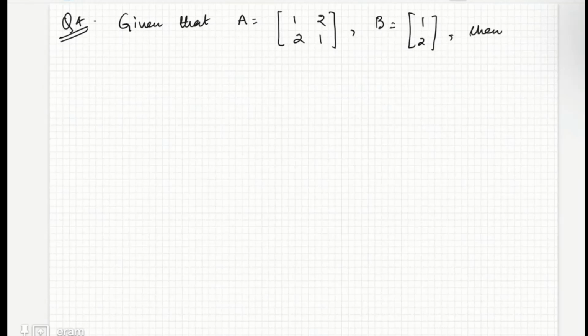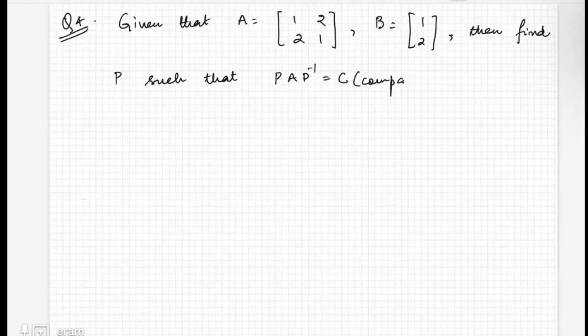Then find P such that PAP inverse equals C, that is the companion form, and P into B equals D. Since we are talking about companion form, D is nothing but [0 1].